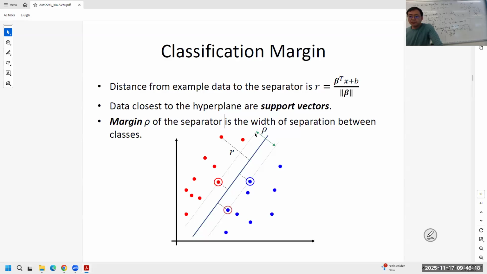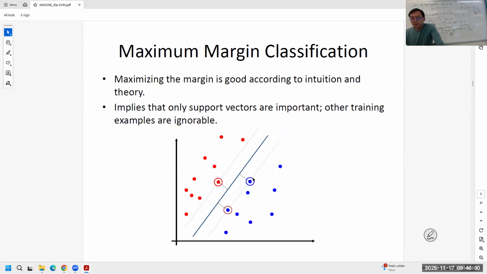If we can find the margin between the two groups, then the best separator is going to live in the middle of the separation region. So the goal is to find the line that maximizes our margin.